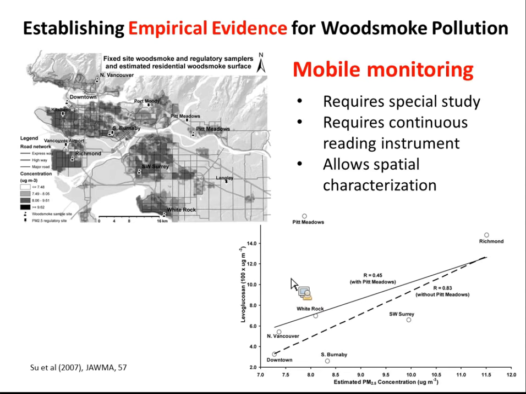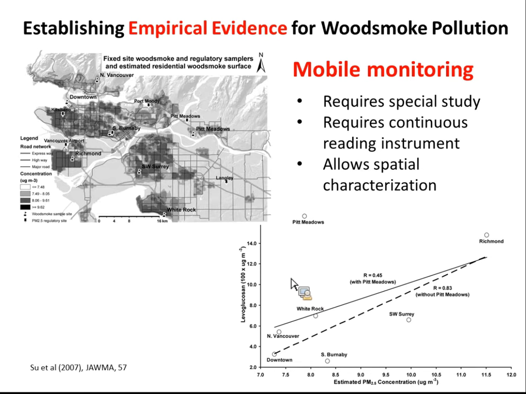Another possibility is mobile wood smoke monitoring. So this is a study that Mike did many, many years ago, and I still remember driving around very late at night or early in the morning looking for wood smoke across the Lower Mainland. So you've got a special instrument, a nephelometer and an aethalometer, that you put in a car, and then you drive around letting that measure continuously, and you can match those measurements up with GPS coordinates of where you actually were to make maps of where things were smoky.